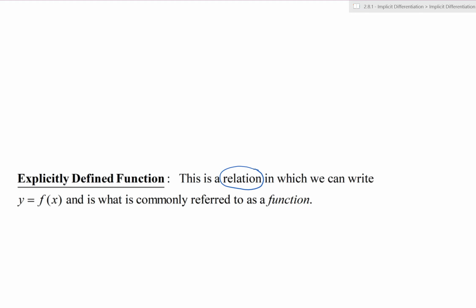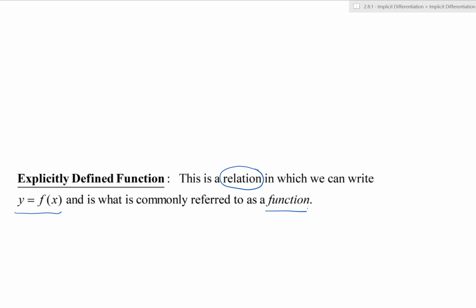But if you have a special type of relation in which you can write y as a specific function of x and all the good things happen, like every single input has exactly one output, it passes the vertical line test and whatnot. This is what we call an explicitly defined function, commonly referred to as just a function, right?